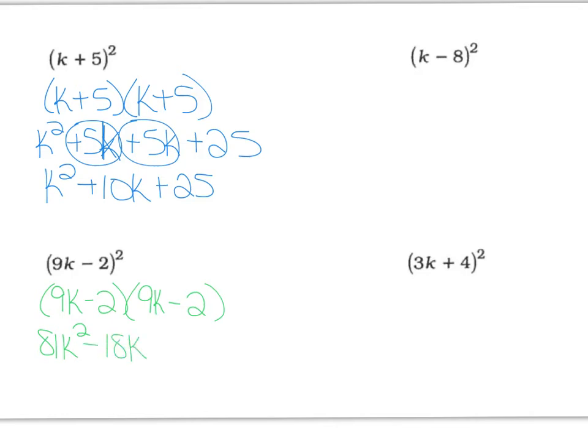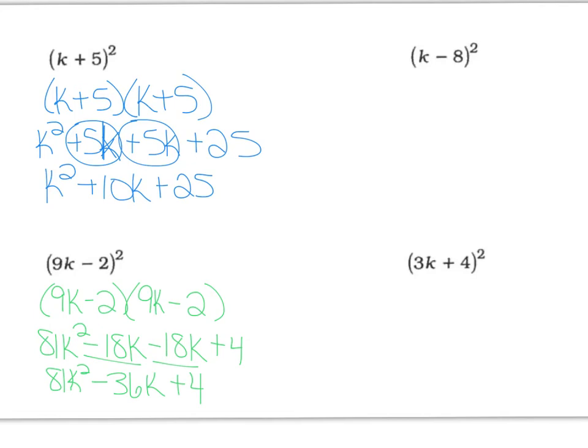Negative 2 times 9k is negative 18k, and negative 2 times negative 2 is positive 4. So I can simplify this. My negative 18k minus 18k is negative 36k plus 4. Okay, so when you square a binomial, you get a trinomial.